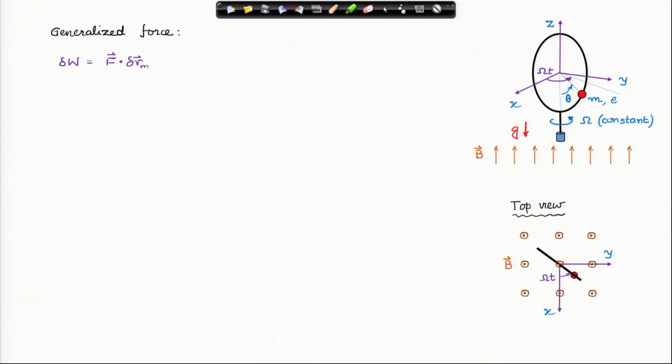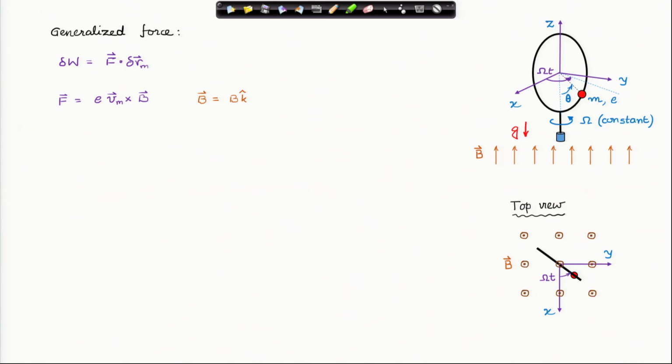These things we have discussed before. Now, what is new is the generalized force, that is what we have to calculate. We start again with the virtual work done, that is equal to the force dot the variation of the position vector, or the virtual displacement. Now, what is the force on the bead? It is a charged bead moving in a magnetic field.